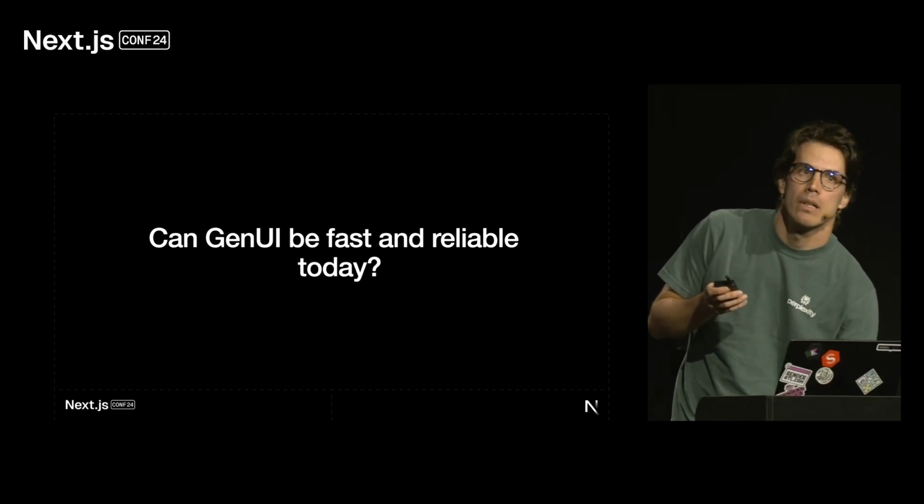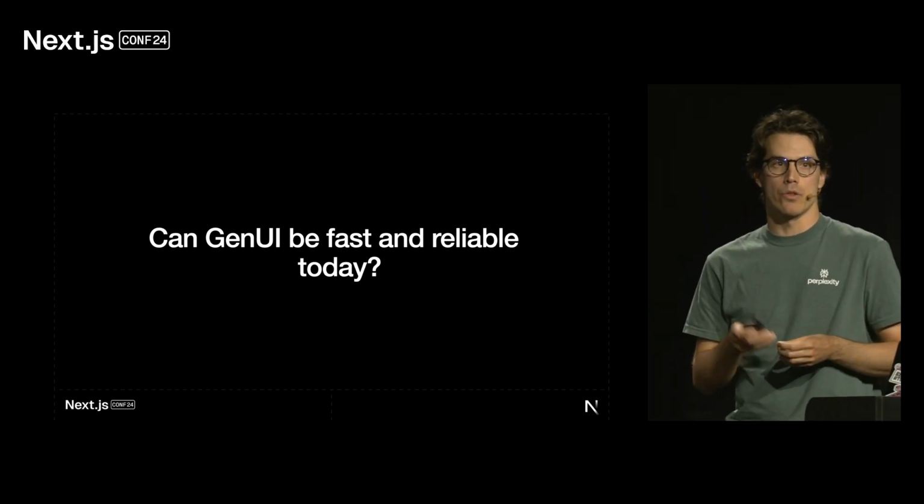So far, we defined the requirements for great software and now have an idea what generative UI is. The question is how to apply those principles and figure out whether it can be fast and reliable today. While it is tempting to offload the work of generating the whole interface to the LLM, this solution is unlikely to be performant enough.